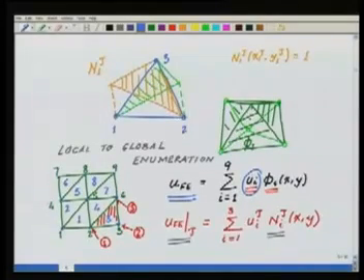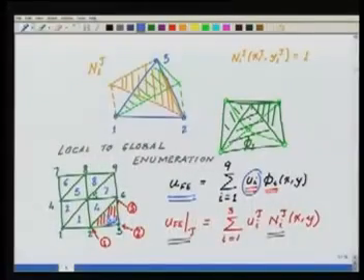As far as element 3 is concerned, phi 2, phi 3 and phi 6 are non-zero in element 3. All other phi i's are 0. So my element 3 is only going to contribute to the global equations corresponding to phi 2, phi 3 and phi 6. That is, it is going to contribute to the second, third and the sixth global equation. Similarly for the other equations.